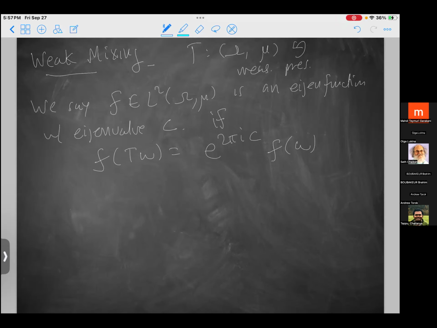So ergodicity was about invariance. This is kind of saying, well, this function isn't invariant, but it transforms in a way that I can understand.